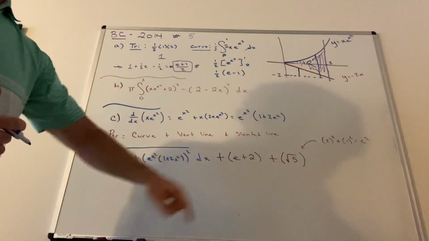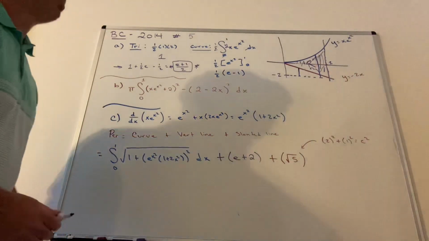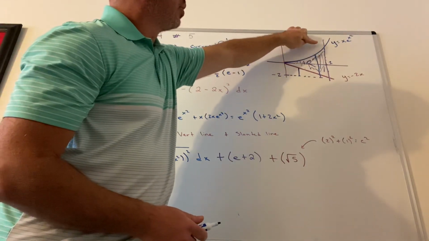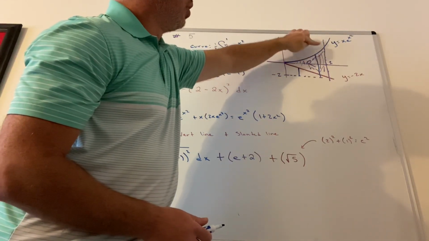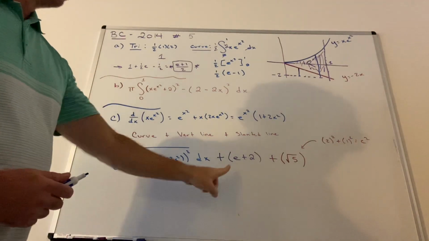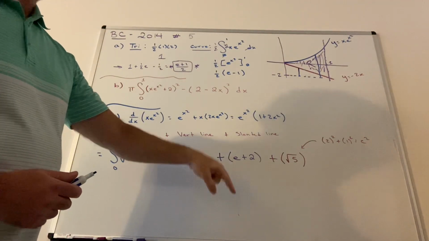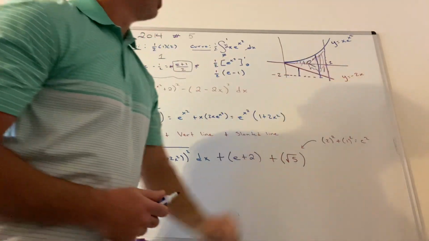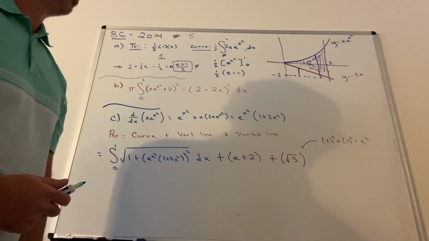Plus the vertical line, which I split into two pieces. The distance between here and here is just plugging a 1 into the blue graph, which gives me 1 times e to the first. So that's where the e is coming from. And then the distance between here and here is plugging a 1 into the maroon graph, which gives -2.